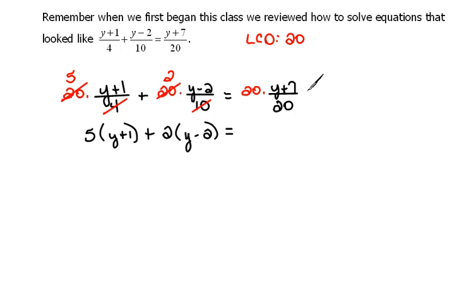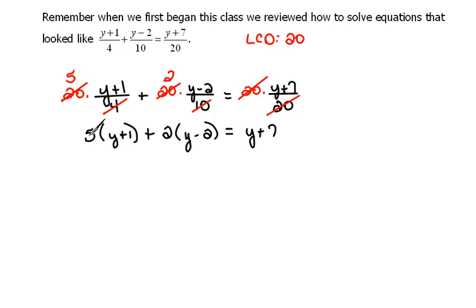For our first term on the right hand side, 20 goes into 20 evenly, so we're just left with y + 7. Now what we have done is eliminated the denominators, so all we have now is a linear equation to solve.